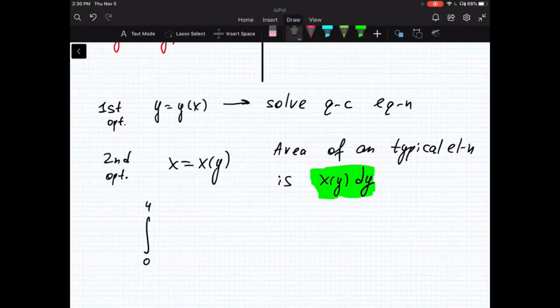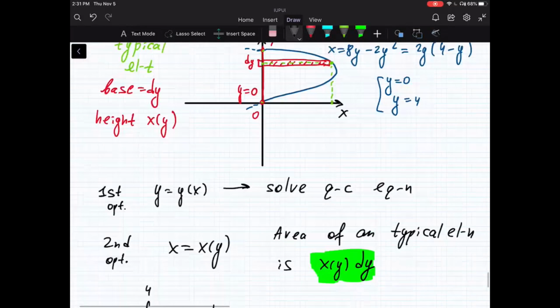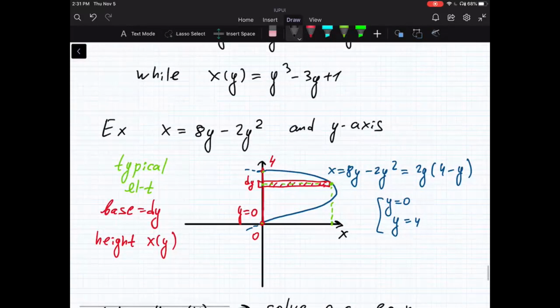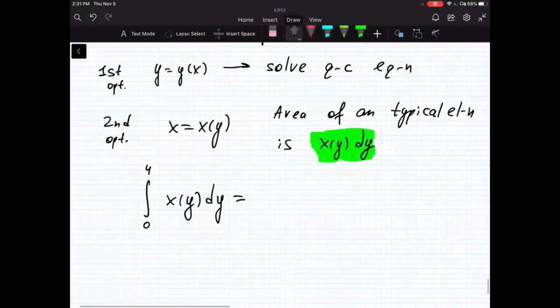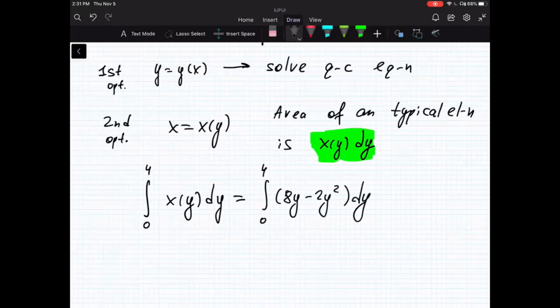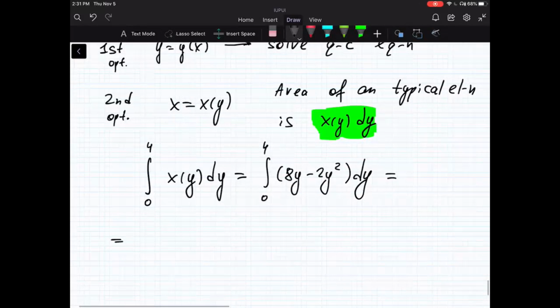And the area of my typical element is x of y dy. But my x of y is this function 8y minus 2y squared. And so I get that it is the integral from 0 to 4 of 8y minus 2y squared dy. And again, I obtain just a polynomial that's easy to integrate.